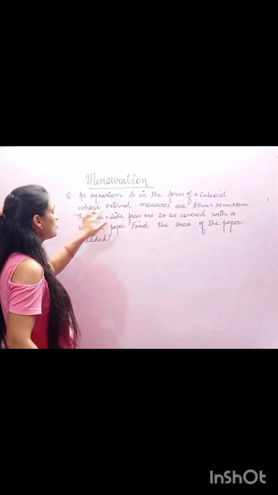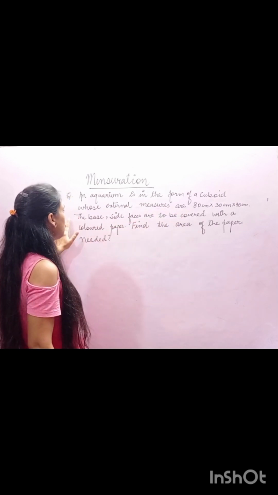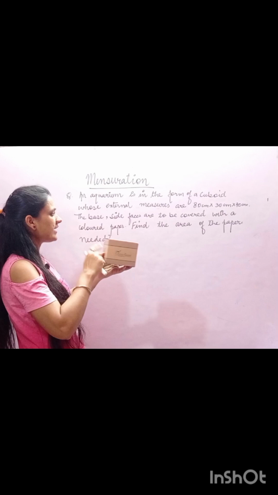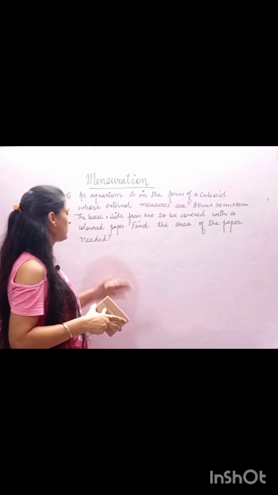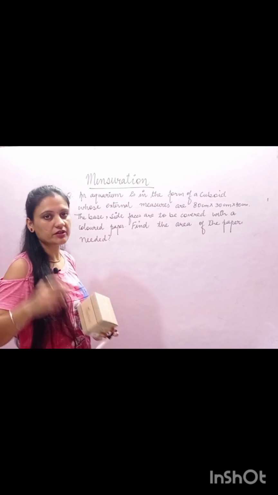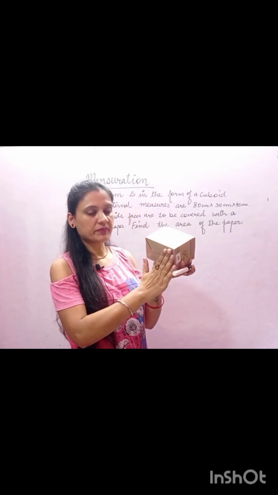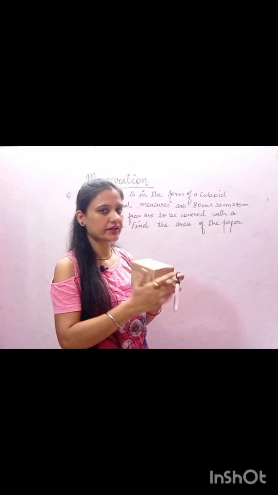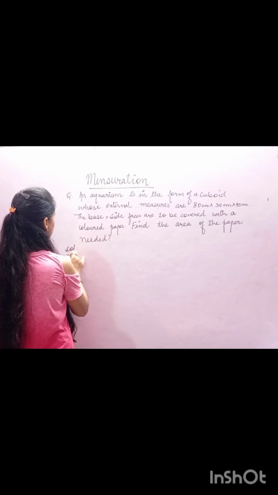What they are saying, whose external measures are 80 centimeter, 30 centimeter and 40, the base and side faces are to be covered with colored paper, find the paper needed, right? Here you have to find out how much paper is required if you want to cover the base and the side faces. So let's understand first how to start solving these questions.